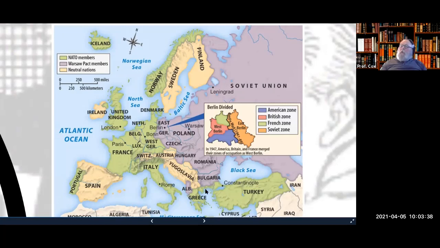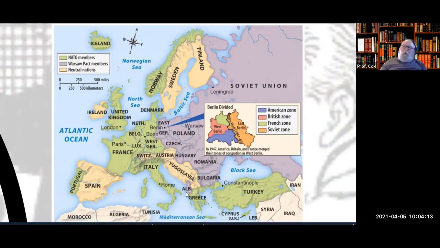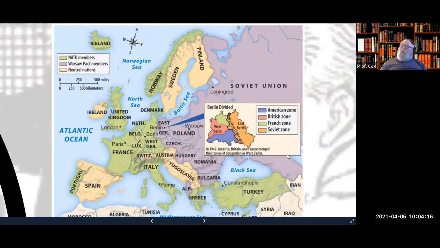And so what happens then is that President Truman will go to Congress and ask for money to support the regimes in Greece and Turkey, keeping in mind that he's phrasing his support for the governments in Greece and Turkey as support for democracy, because this is what drives American foreign policy.